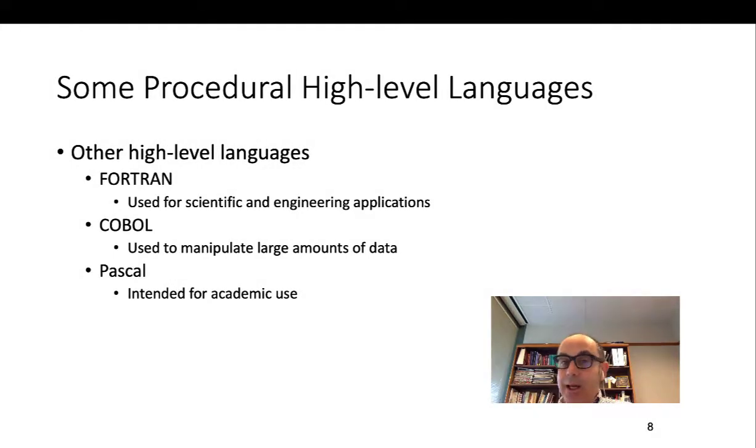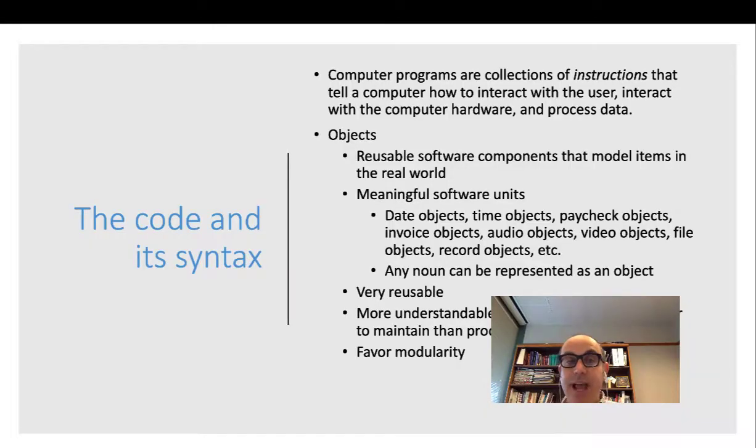But in the long run, those languages consist of Fortran, COBOL, Pascal, and probably most of you already know about those types of languages. But in the idea of the syntax, or the idea of the code, is the idea that we have objects that allow us to have a data object, time object, paycheck object, invoice object, in order for us to apply to this.